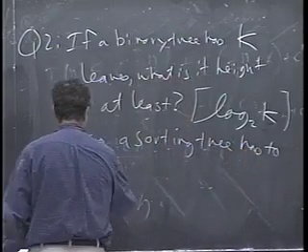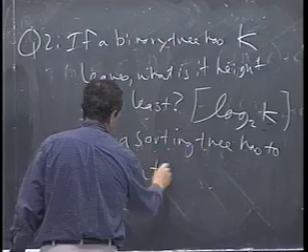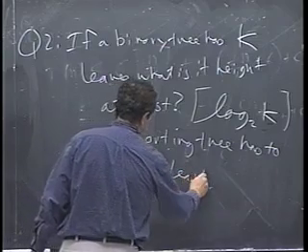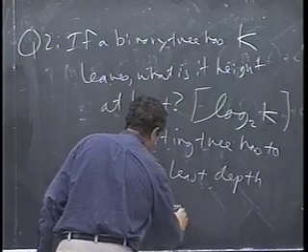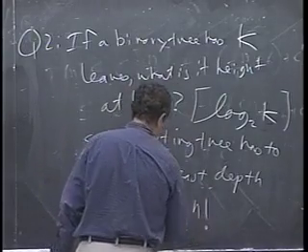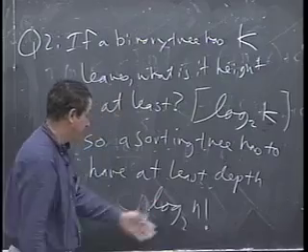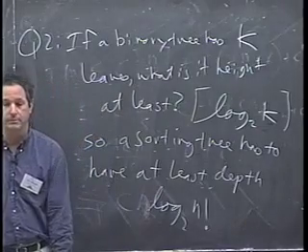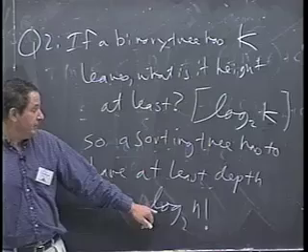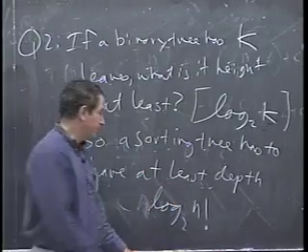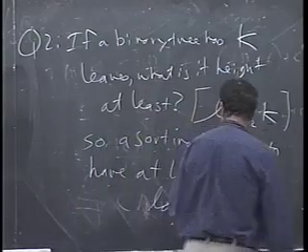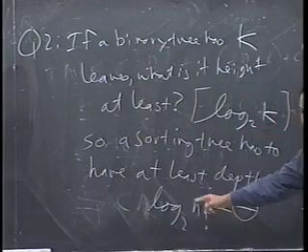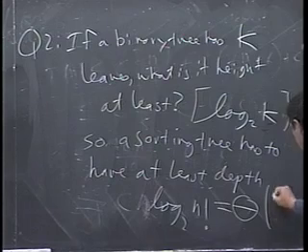has to have at least depth log base 2 of n factorial, because it's got at least n factorial leaves. Now, we're out of time, but you can look it up in the book: log base 2 of n factorial is a function which grows as theta of n log n.